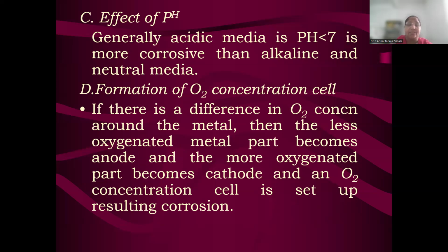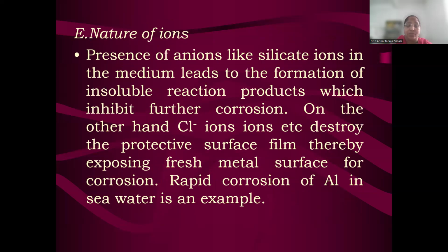Then if we come to the other part, nature of ions present. If there is a presence of stable, insoluble ions like silicate ions in the environment, those will interrupt and inhibit the rate of corrosion. Similarly, if there is a presence of chloride ions, which are highly reactive in nature, there will be a high rate of corrosion.